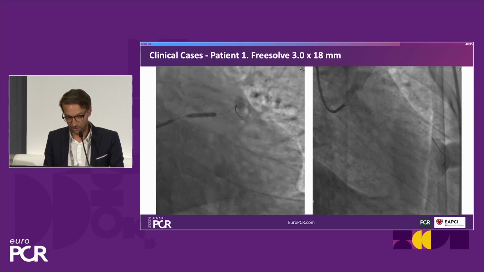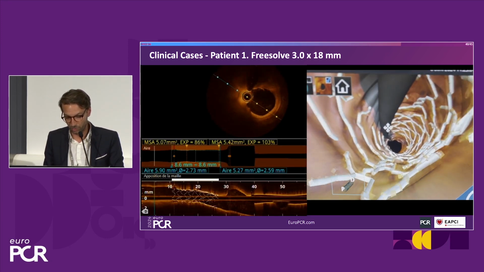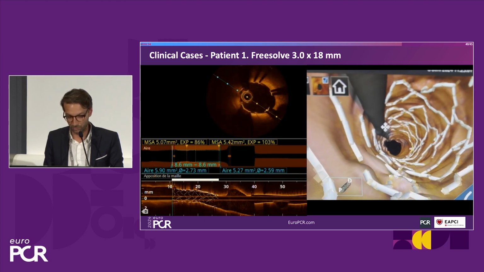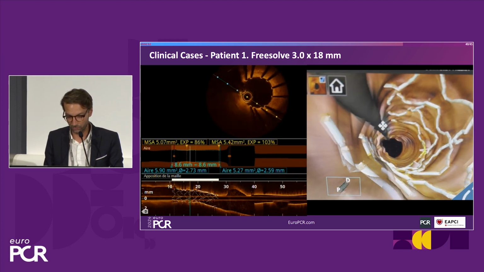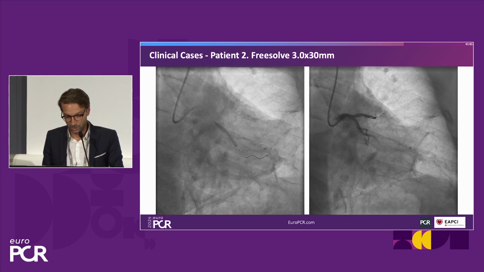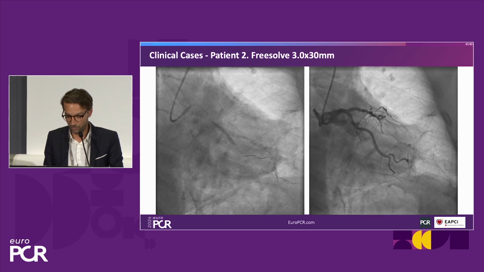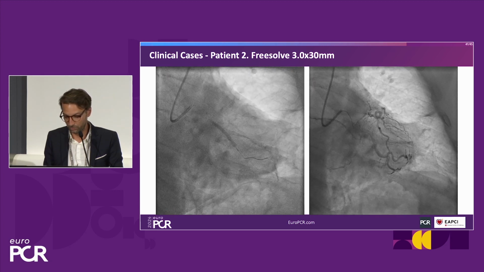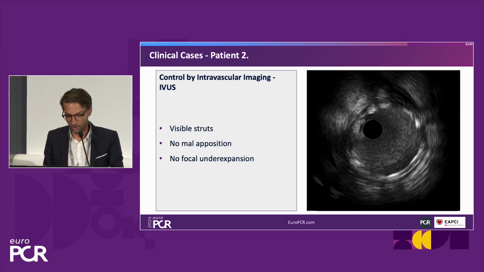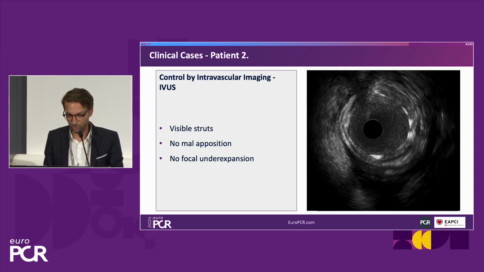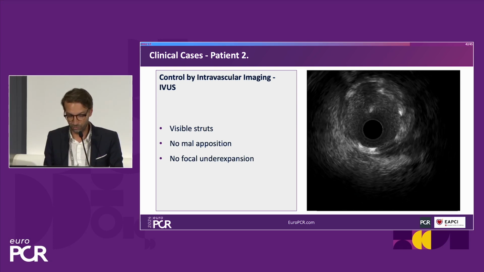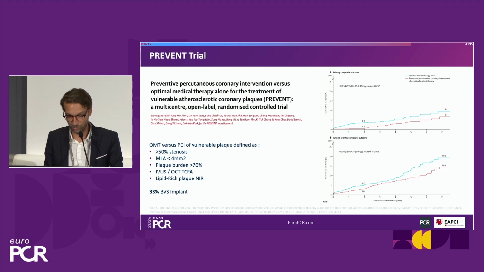As you can see, OCT control shows good apposition of the stent with good visible struts of the scaffold. And patient 2 received the FreeSolve 3 by 30 millimeters with a good control. IVUS imaging showed good apposition with no underexpansion of the stent.